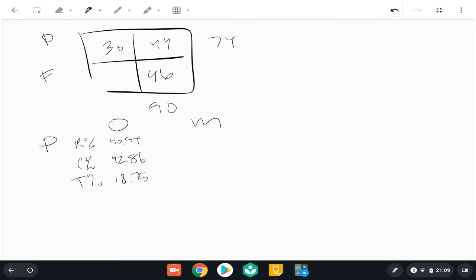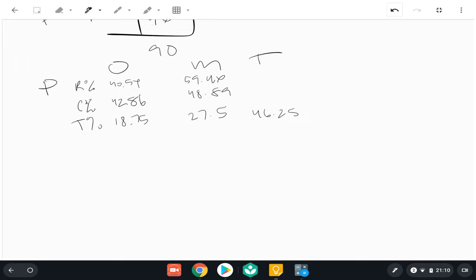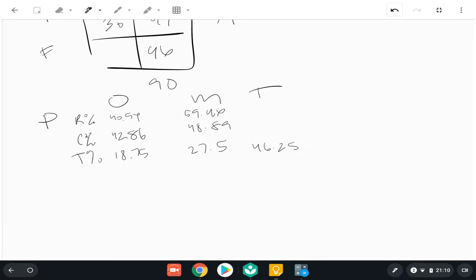Wow, these are really weird numbers. 59.46, 48.89. This is the information they give to us. 27.5. So we have the total, and then this one is 46.25 of the total.